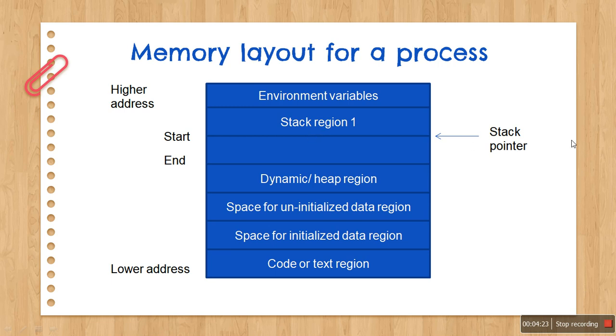Now as I said, a process is a dynamic entity that executes a program on a particular set of data using the resources that are allocated by the operating system.